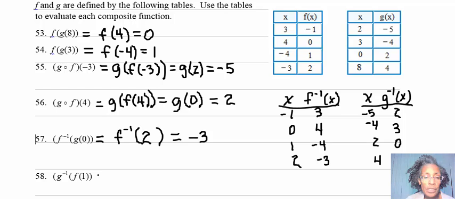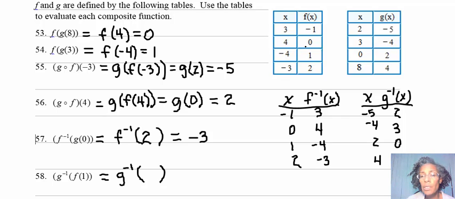Now I am going to do number 58, where g inverse of f of 1 is what I'm trying to calculate. So what is it that I'm actually putting into g inverse? Well, as I can see, I'm putting in f of 1.